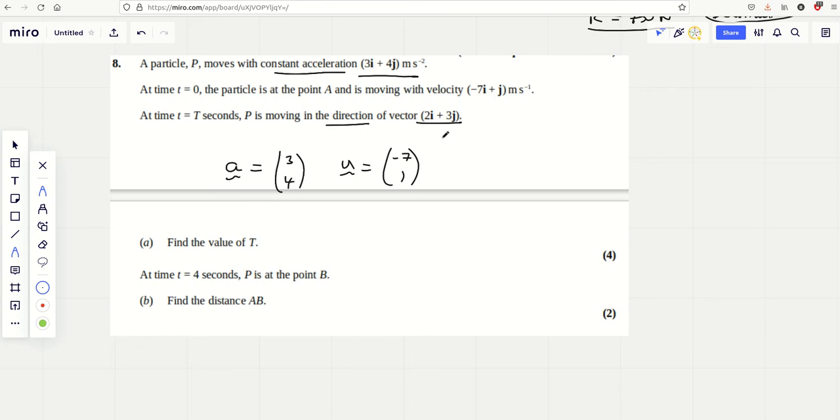So what we're really being asked here is find a time when it's moving in that direction. So if you like, I've got v here. V is 2, 3 times a constant k, because I know it's definitely in that direction. And I'm being asked to find t. Well, this is v, u, a, and t.